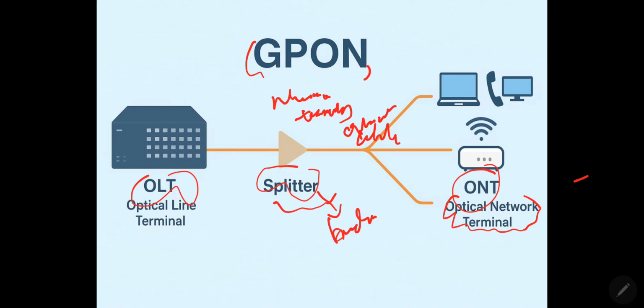And I will give you some info. You just use one cable, and this optic cable can handle three services, or we can call it triple play services, such as internet, telephone, and digital TV.